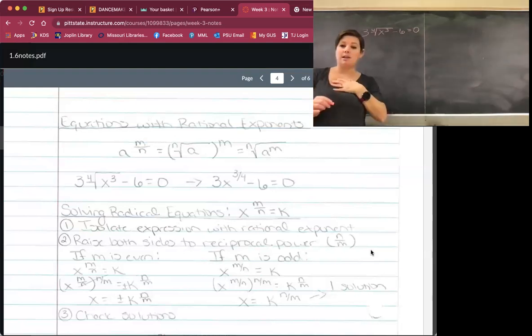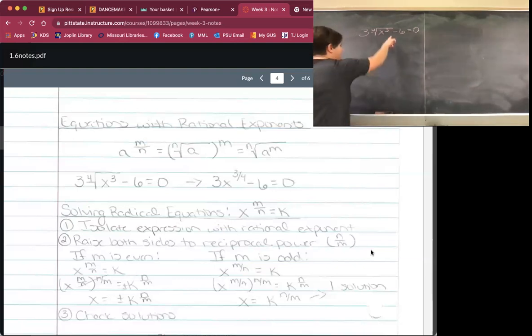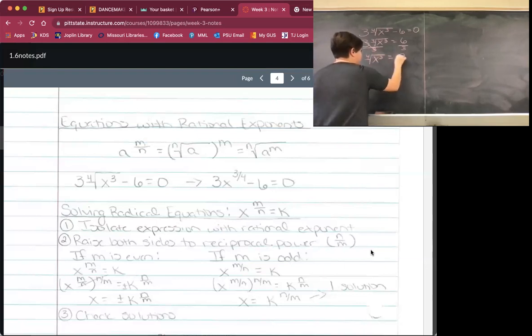I like to isolate it first because then I have less numbers over there to confuse me on what number is going where. So I'm going to add my 6 over. Then I'm going to divide both sides by 3. I'm completely isolating my x. That's what I want to do.